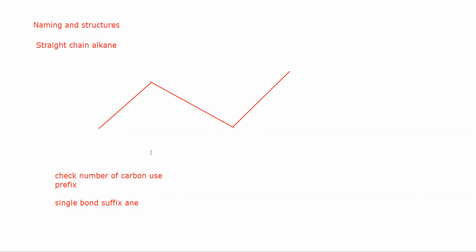We use but for 4, and because it is having a single bond, we call that butane. So actually, this is the structure of butane. The reason why I drew the skeletal formula, not the displayed or structural formula, is because in the exam you may have a displayed formula, structural formula, or skeletal formula. Any kind of formula, so you should be able to name accordingly.